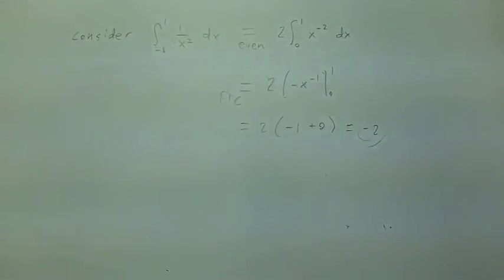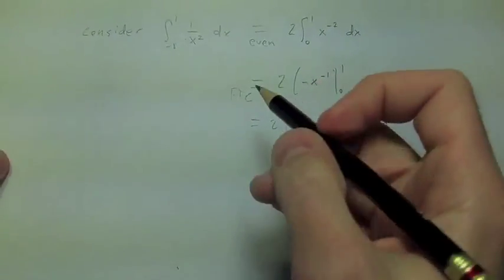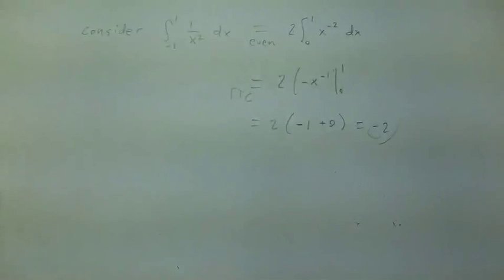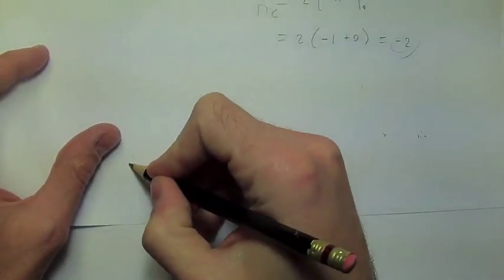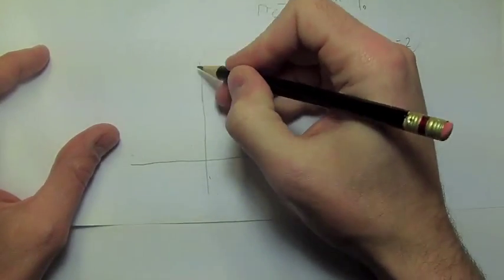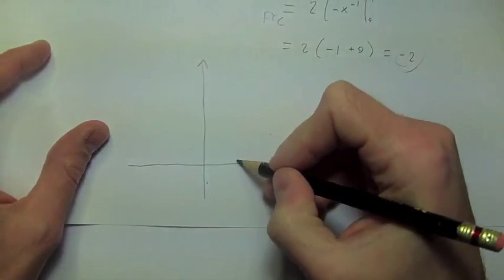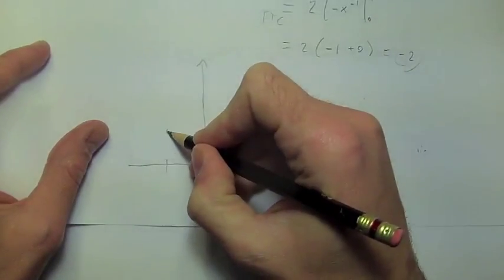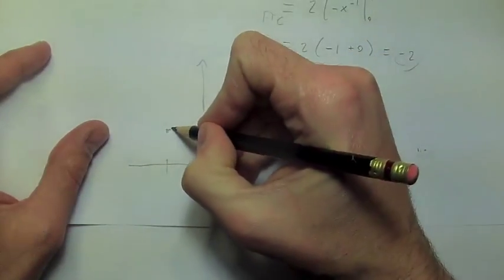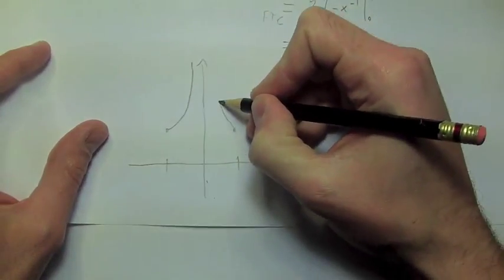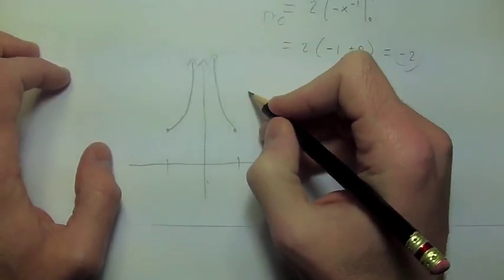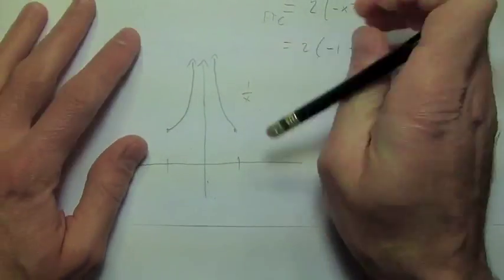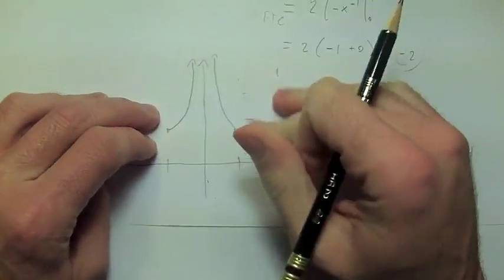But here's the problem. Okay, the problem is that 1 over x squared is not continuous on -1 to 1. Okay, if you were to look at the graph of 1 over x squared, it looks like this. Okay, and actually a bit steeper in here, but this is good enough.